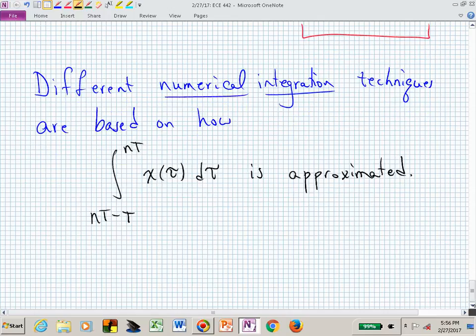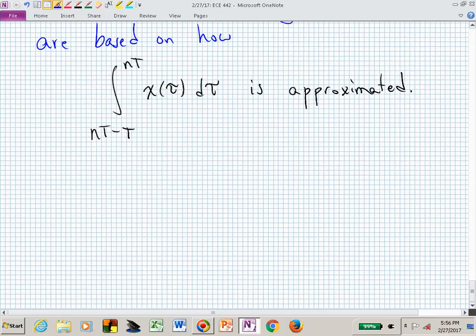And I tried to hint at what that looks like from just this picture that I talked about before. Let's now describe that in words. Here is our forward rule for doing a discrete equivalent using a numerical integration approach.